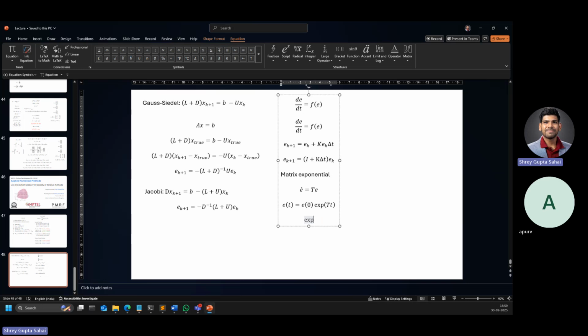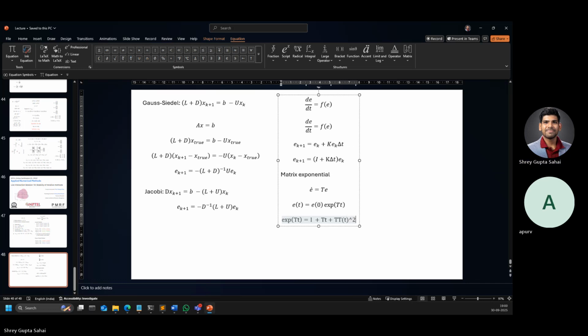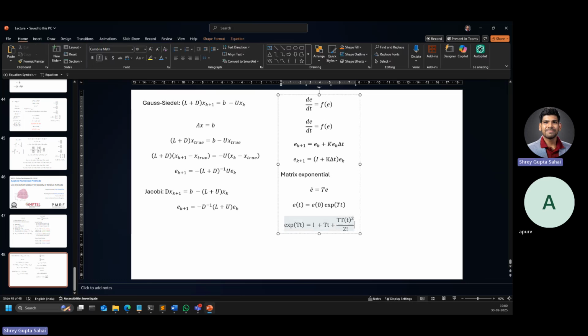So how does this matrix look? It looks like I plus t times t plus t square by 2 factorial, and you get the idea, I guess.